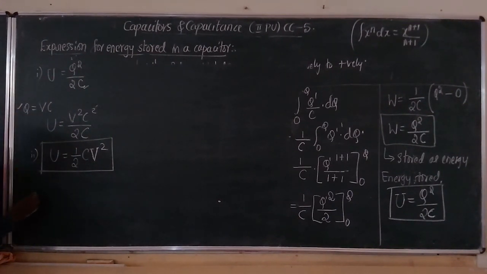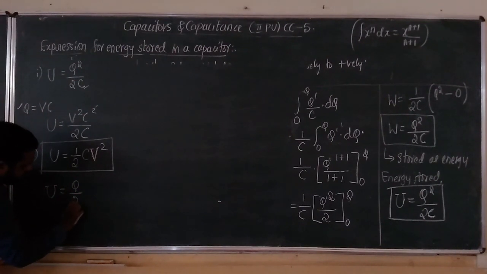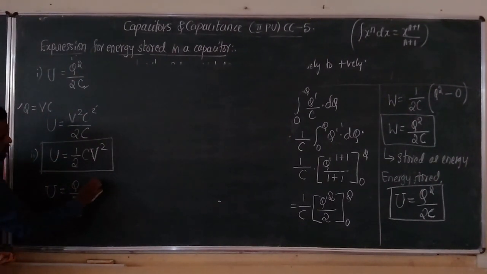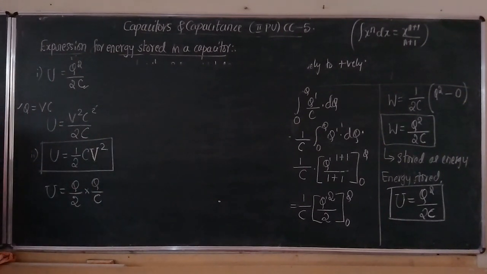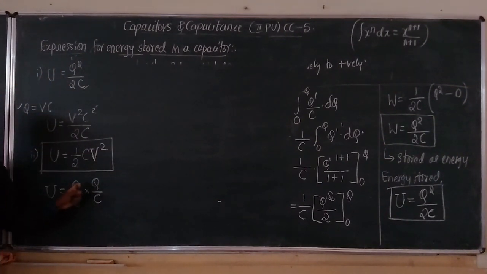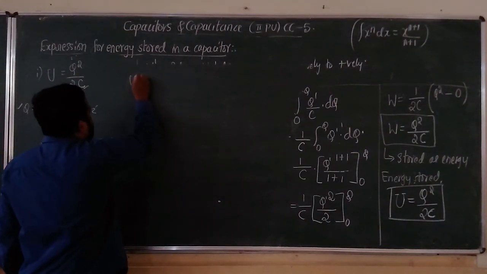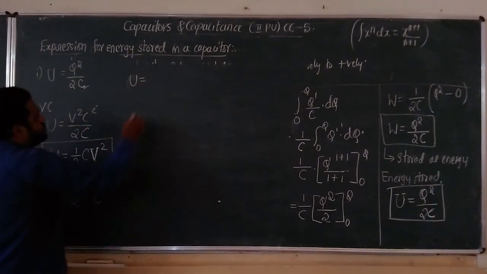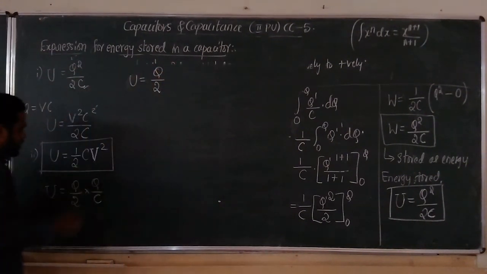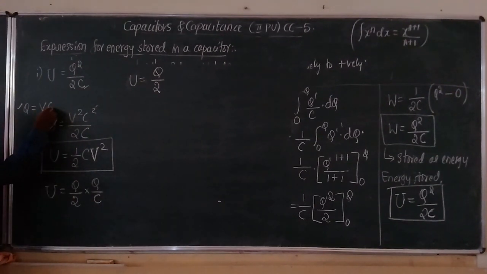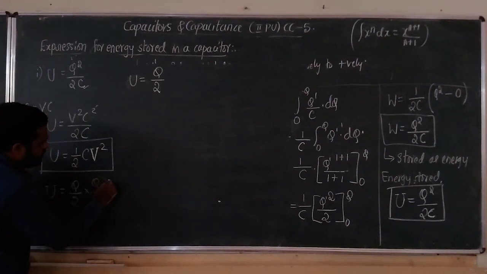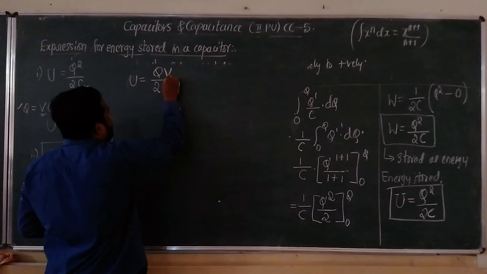Next, again, if you modify the first equation, U is equal to Q square divided by 2C, I can write it as Q divided by 2 into Q divided by C. Same equation, Q square divided by 2C can be written as Q divided by 2 into Q divided by C. Now U is equal to Q divided by 2, it remains as it is, into Q by C. Now Q is equal to VC, therefore Q divided by C is equal to V, therefore it becomes QV divided by 2.